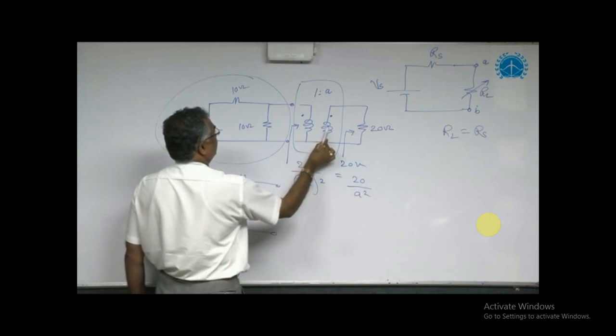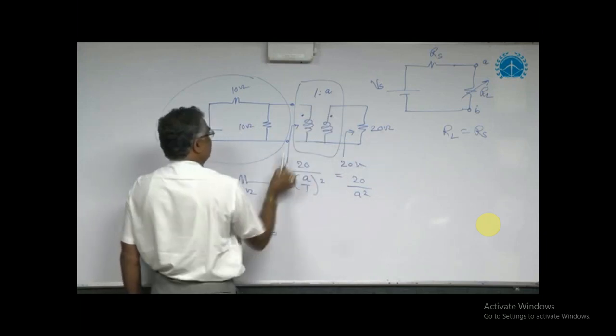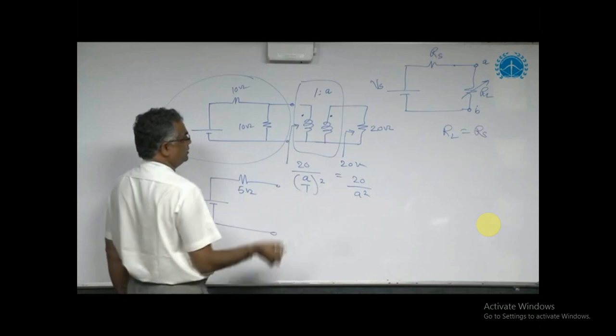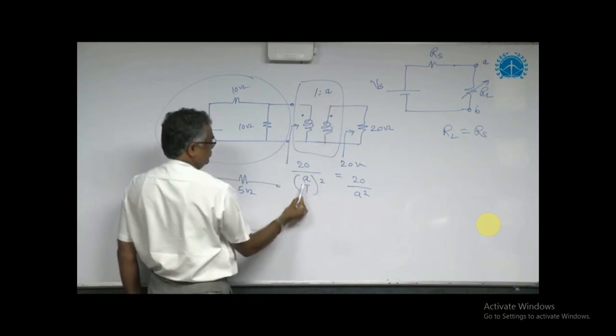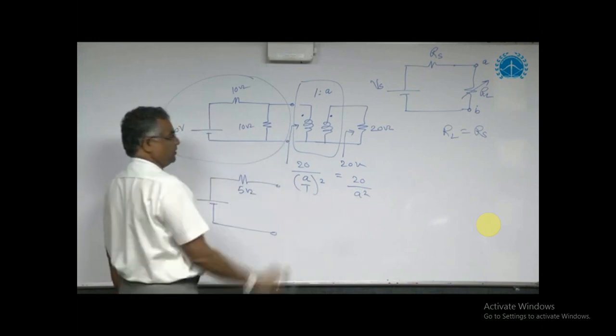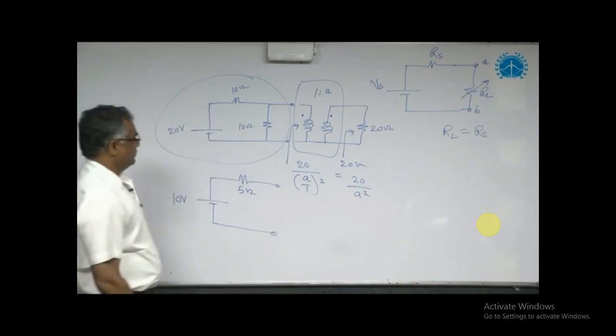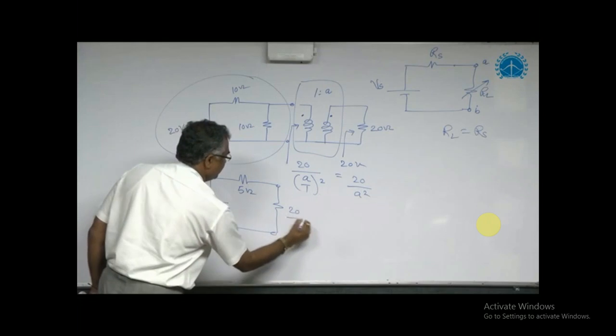When the secondary is loaded with 20 ohm, turns ratio is 1:A. The primary equivalent formula is RL divided by this turns ratio A by 1 squared, so A square. 20 by A square will reflect at the primary of the transformer. So what is the resistance here? Equivalent is 20 by A square.